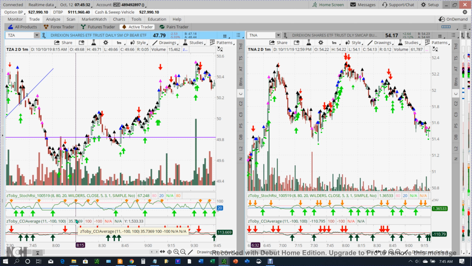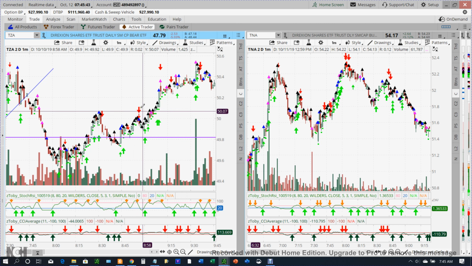In addition, I added other green arrows and red arrows. There's big red arrows and then smaller red arrows. The big ones I think are there because they're more important, more powerful. But the small green ones and small red ones are good too.